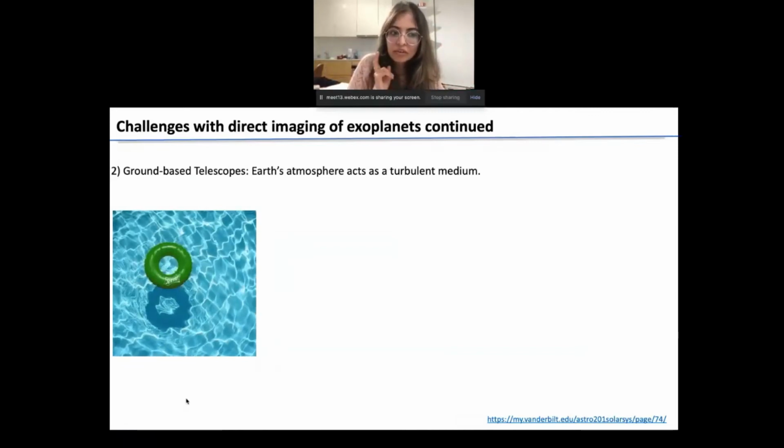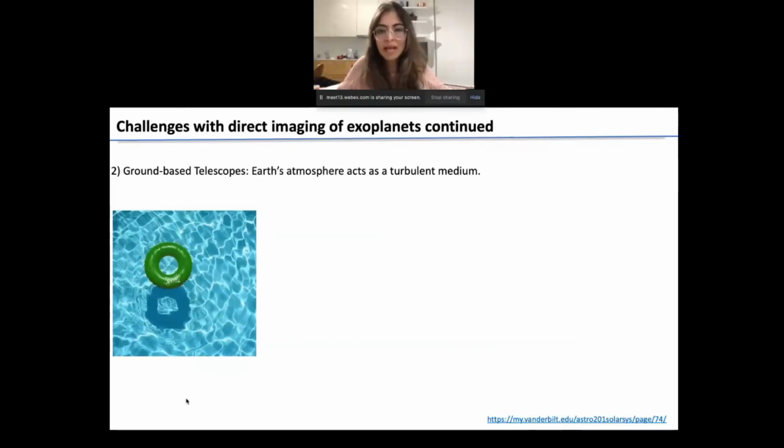The second challenge is when we have really big telescopes on the planet. We have ground-based telescopes, and the biggest telescope we have is 10 meters, so the diameter of the telescope itself is 10 meters. We use those telescopes to look up at the star.